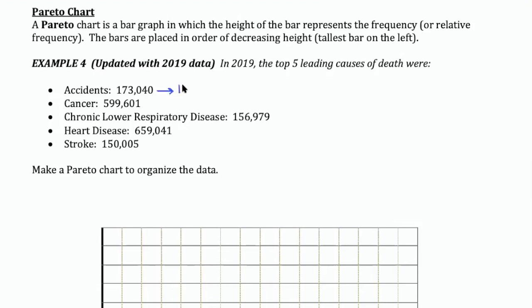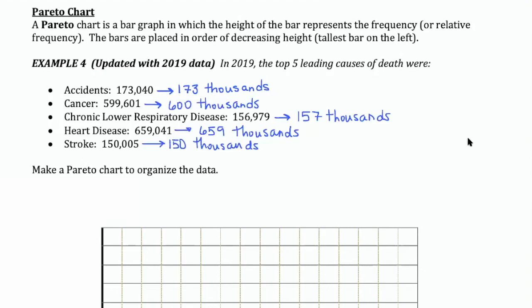So I'm going to say, okay, 173,000, I'm going to put a label of thousands on my numbers, and that way I can just focus on graphing the 173 accurately. I've gone ahead and written all of them in that same style.